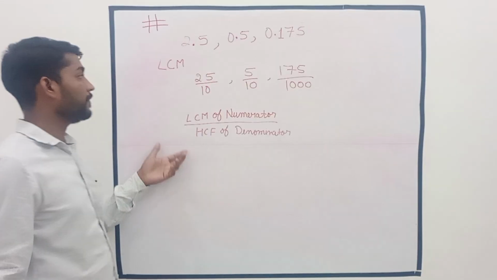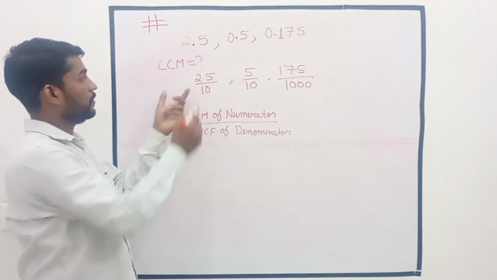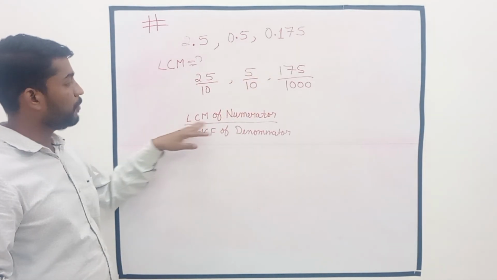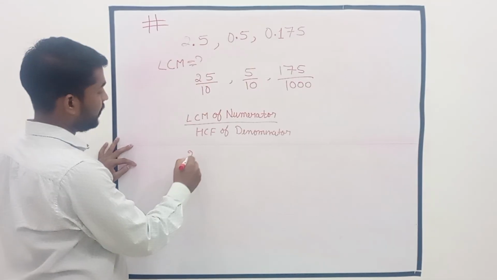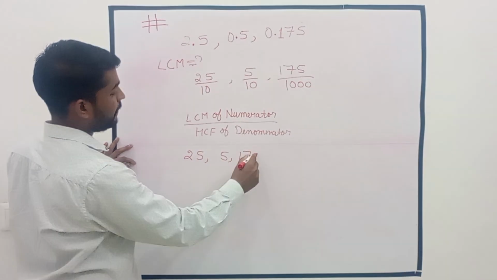This is the concept for calculating the LCM. The numerators are the upper values, and we calculate the LCM of these numbers: 25, 5, and 75.